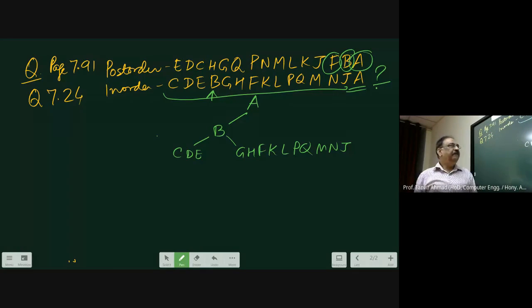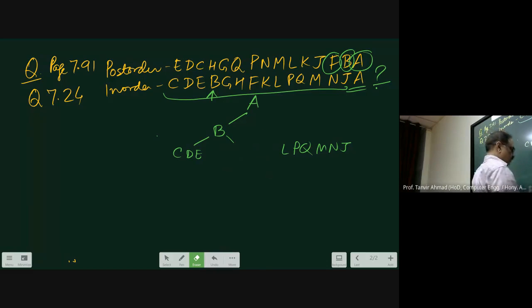Then you again see F. It means F will become the root. Now it means that out of this, F will become the root. That means what I will do is that I will make F as the root.